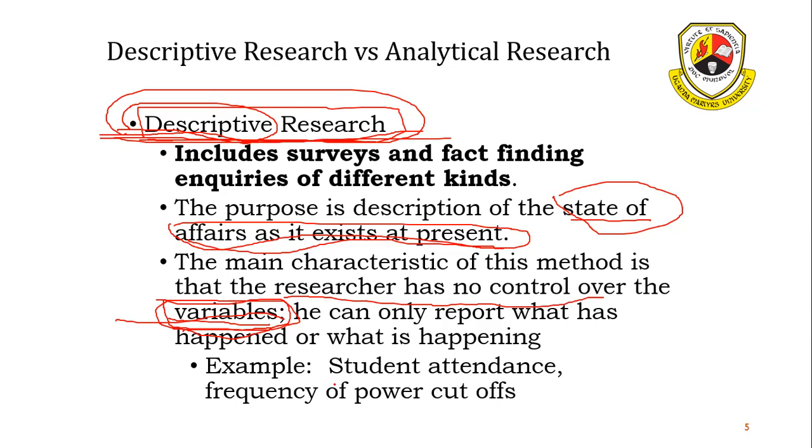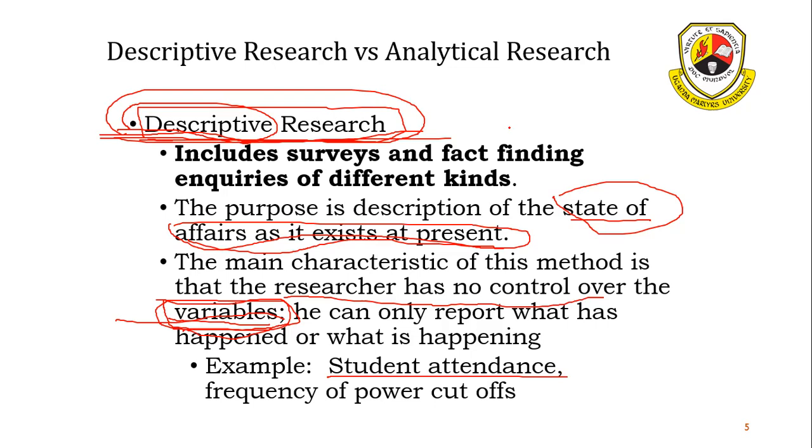If I'm looking at student attendance, I'm studying student attendance. If I'm studying your particular class, what is it that I'm looking for? I'm looking for the number of students in the class. Exactly.